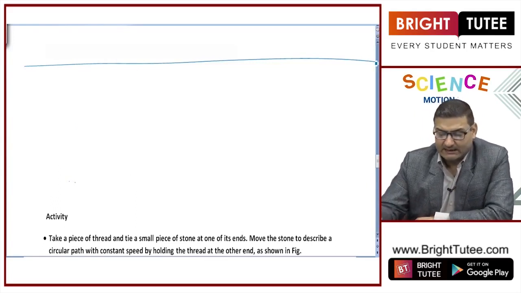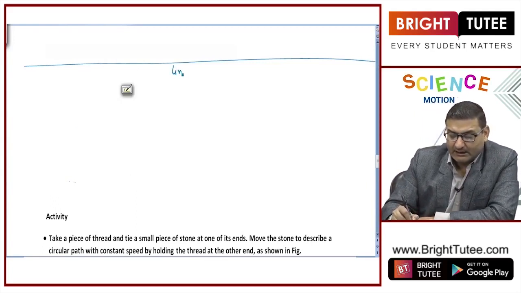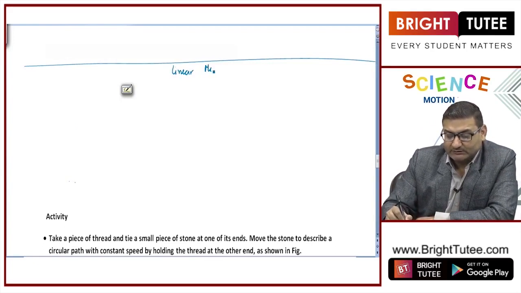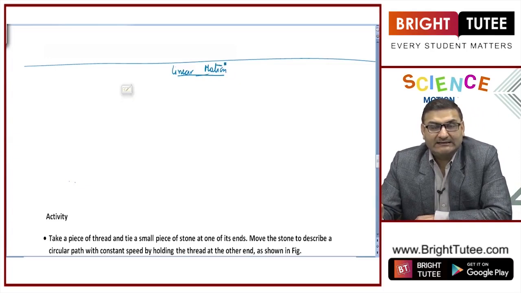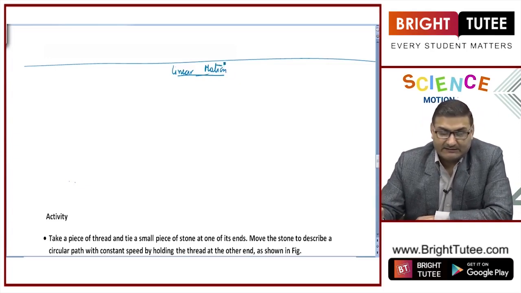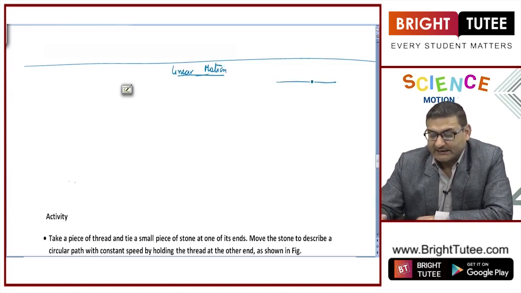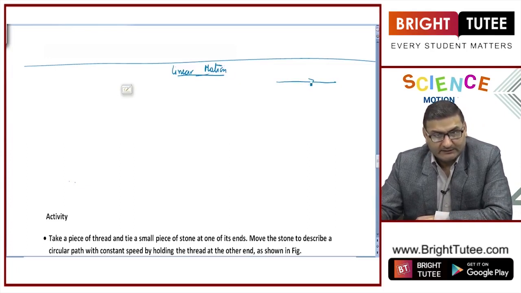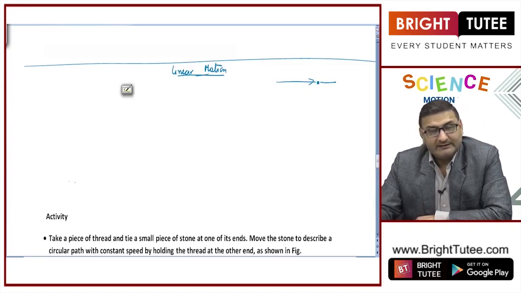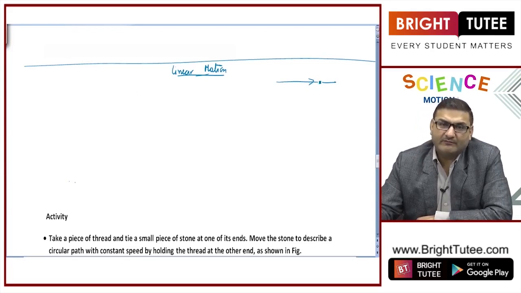Now students, till now we have been studying linear motion. When I say linear motion, I am talking about motion in a straight line, along a road. Now this linear motion may be uniform, may be non-uniform.